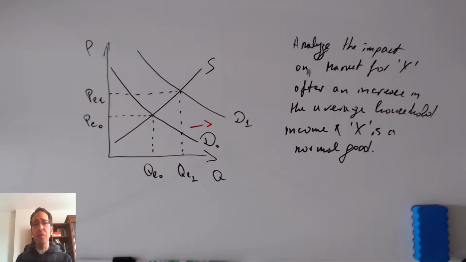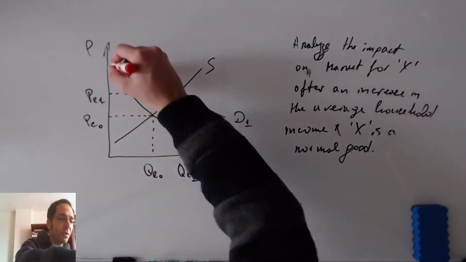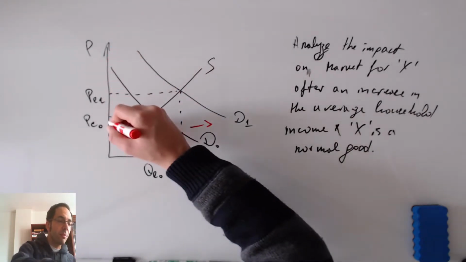And this is not the only way to analyze a market, but you can always use a market efficiency analysis to see what's happening after something is changed in the market. So if we would want to do that, we can look at the old producers. Let's start with the producer surplus.